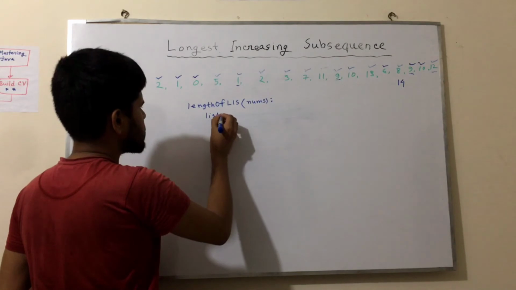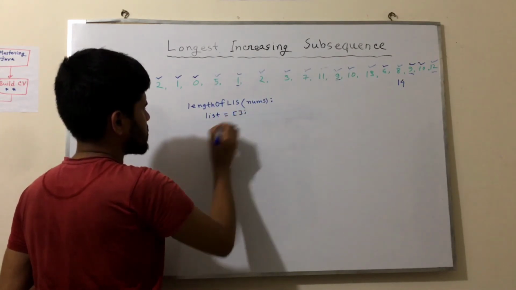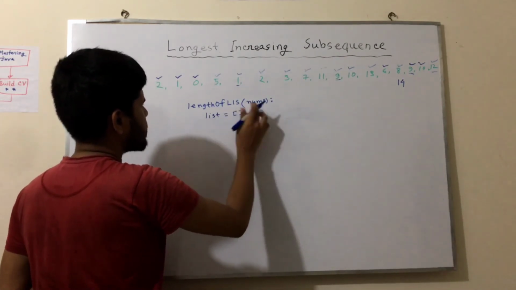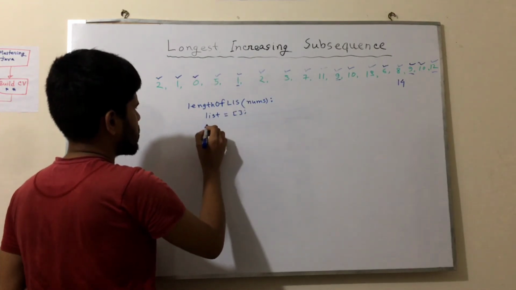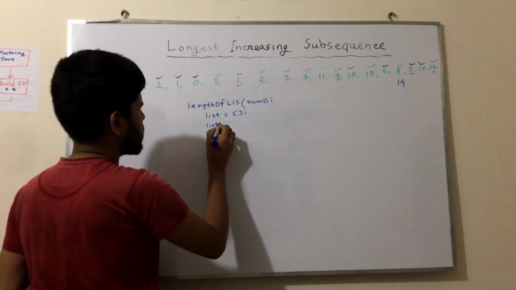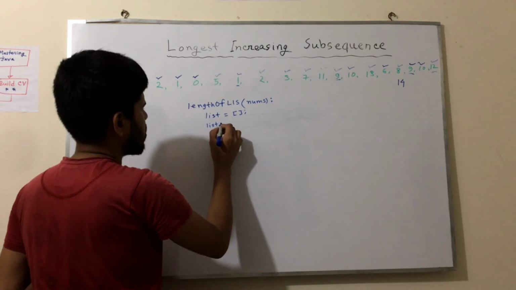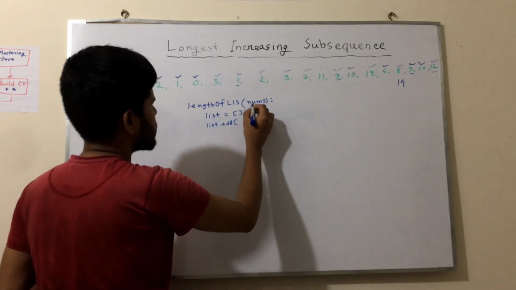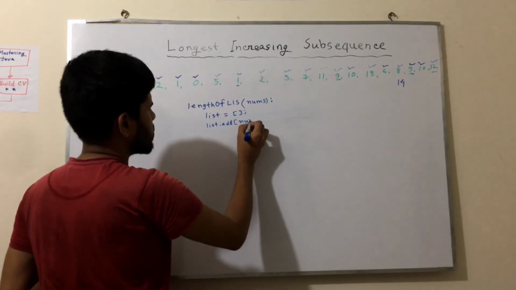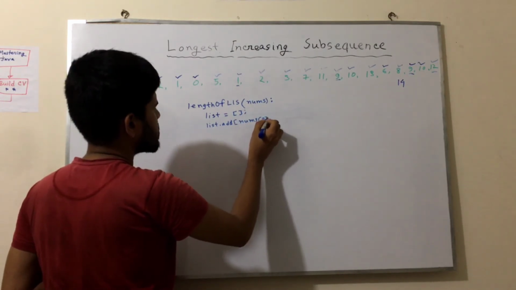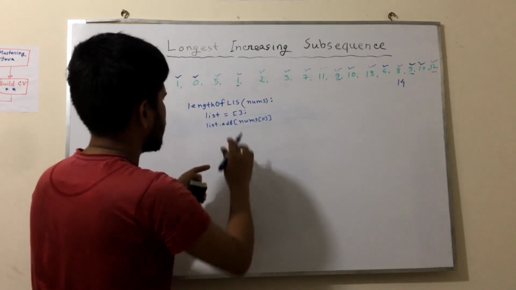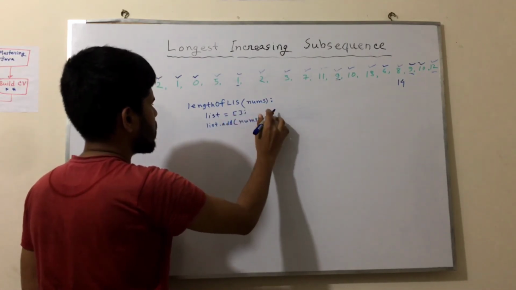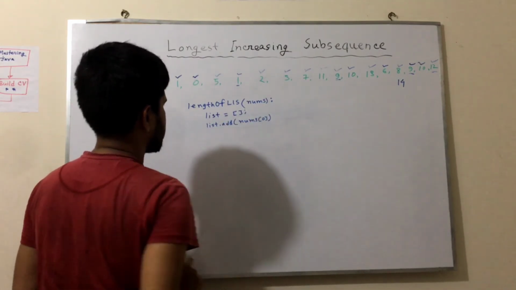So list equals to this empty list, and I'm going to add the first element to this list. So list dot add nums 0, the first element. So we're adding the first element to this list.